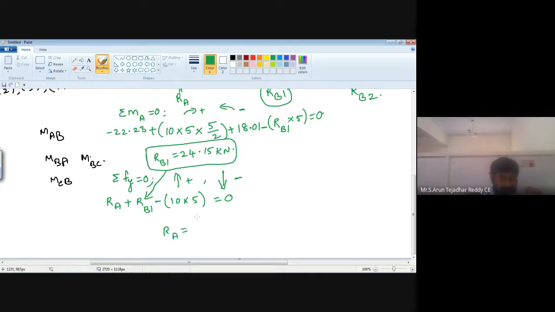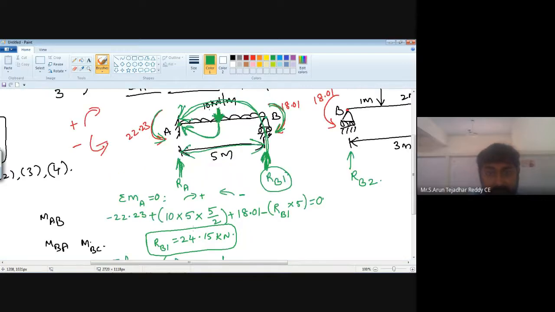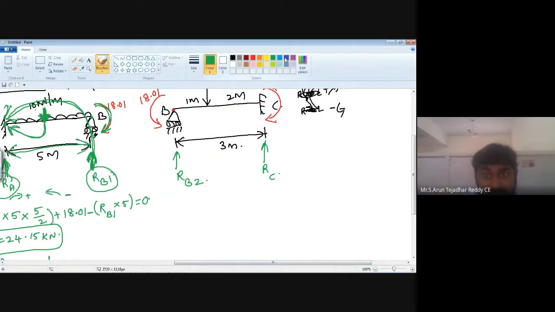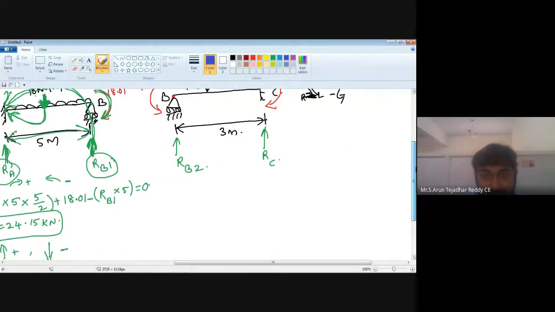What is the value of RA after substituting the RB1 value? 25.85 kilonewton. This is our RA value. So in the first diagram, RB1 is completed.